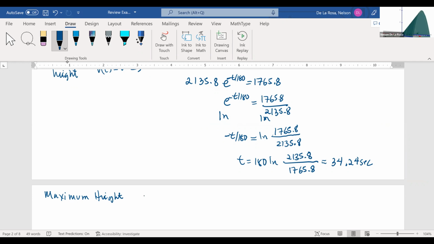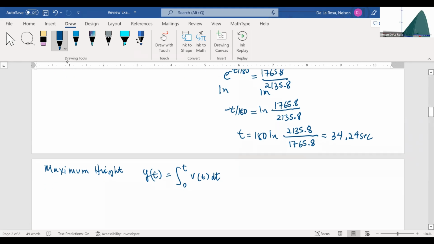So y of t is going to be the integral from the initial time, which is 0, to some time t, of the velocity. Since we have an expression for velocity, we are in condition to find the integral.